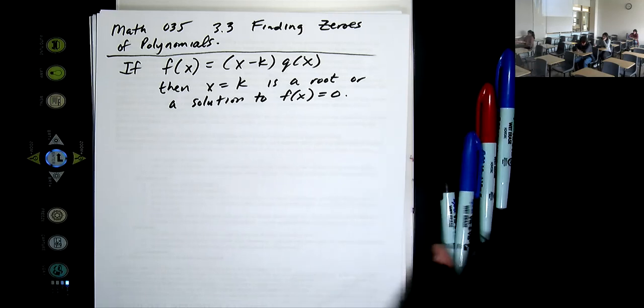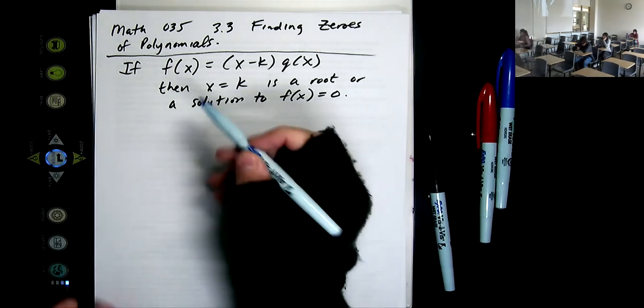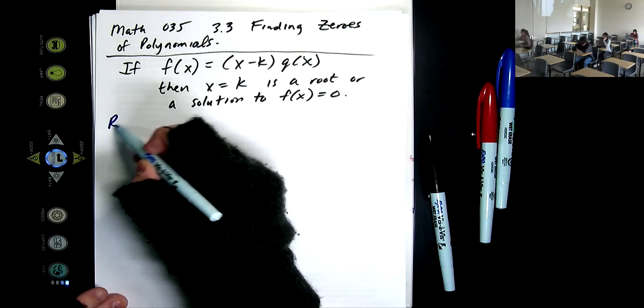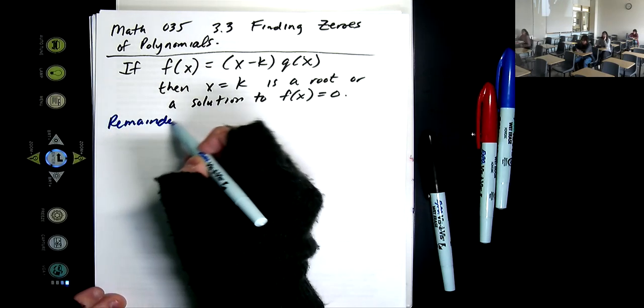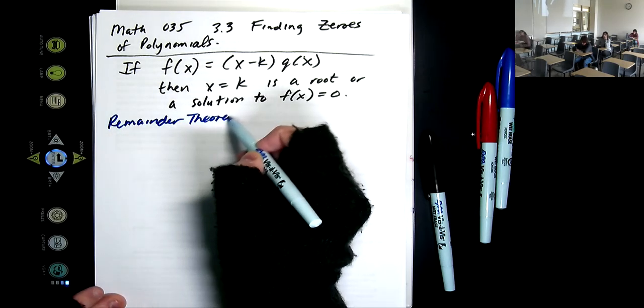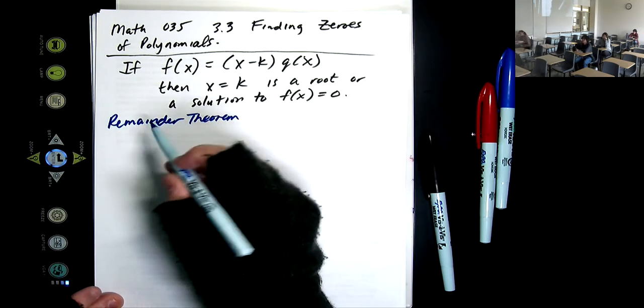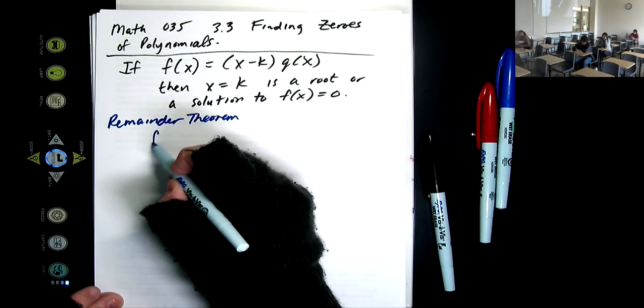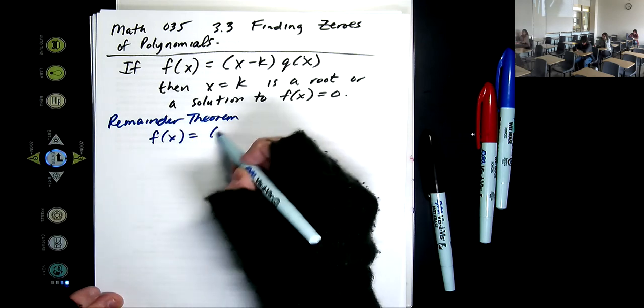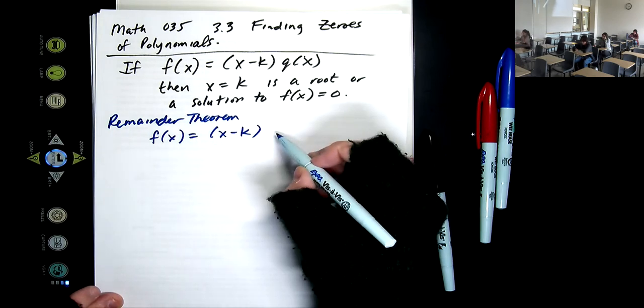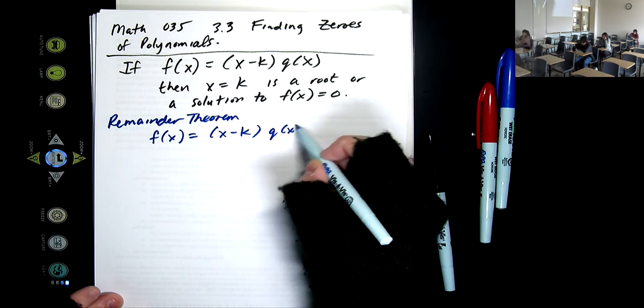Which plays along with the other thing we learned last time, which was the remainder theorem. f of x can be written as x minus k times q of x plus r.